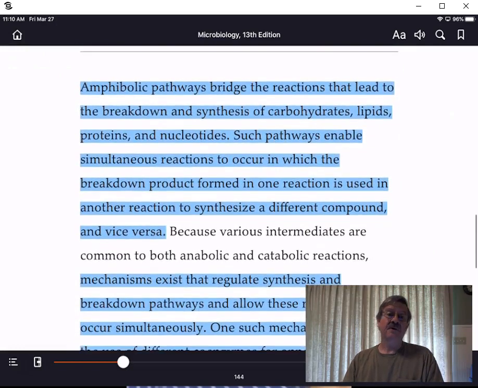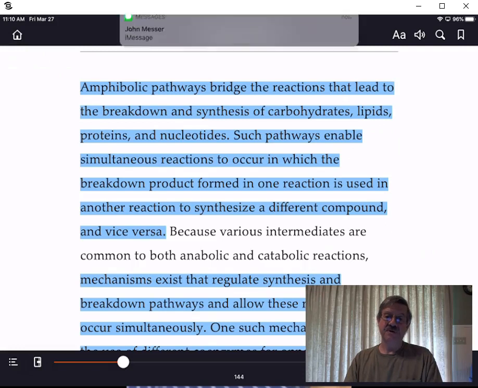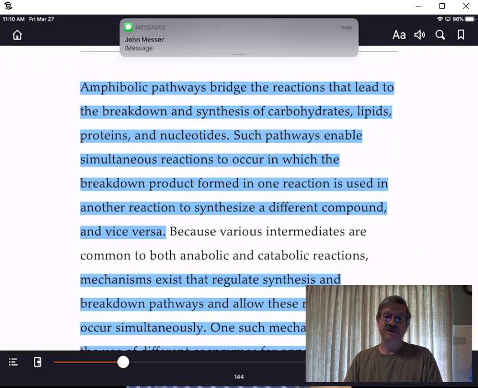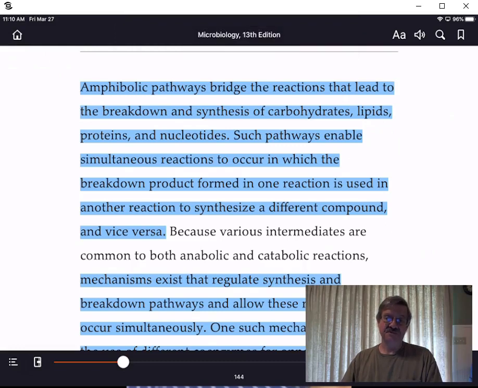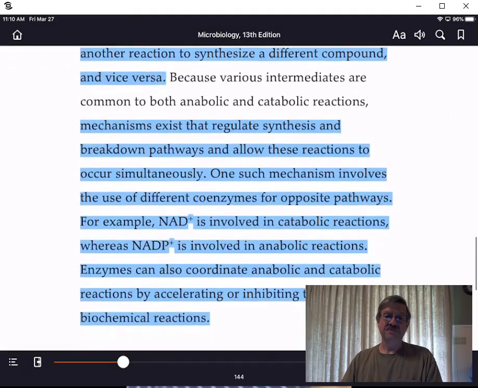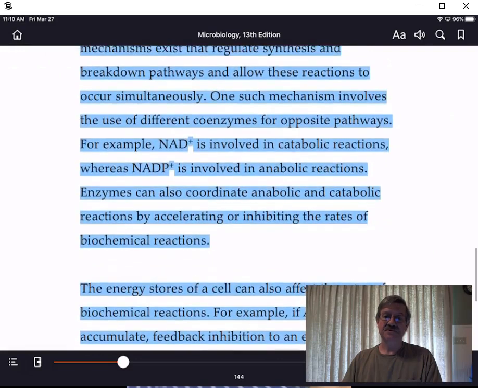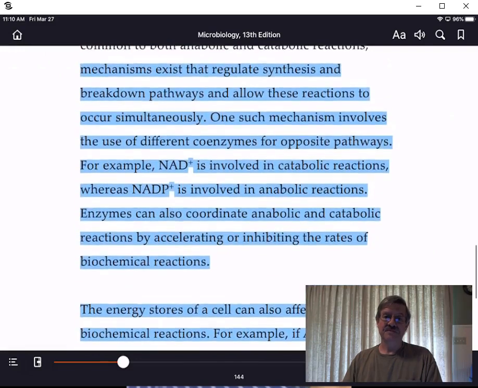These amphibolic pathways are going to tie together the synthesis of carbohydrates, lipids, proteins, nucleotides, and so basically you can simultaneously have the breakdown of products while you at the same time have buildup of products taking place.